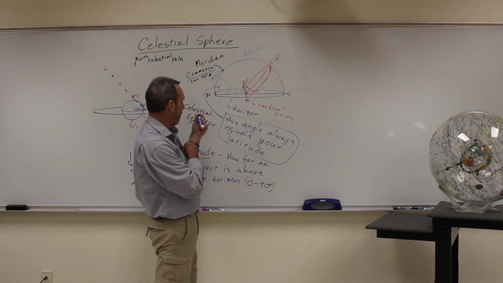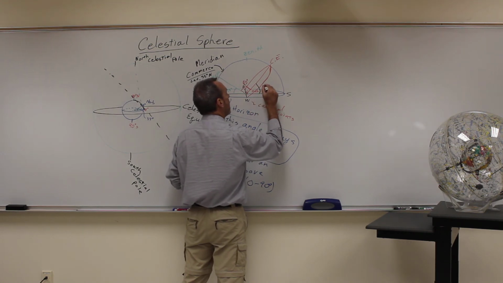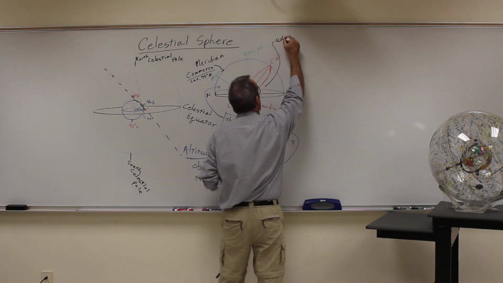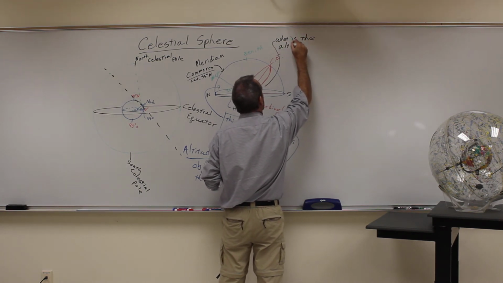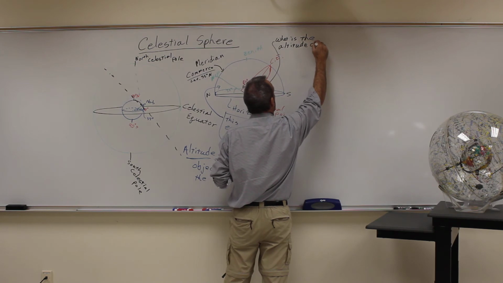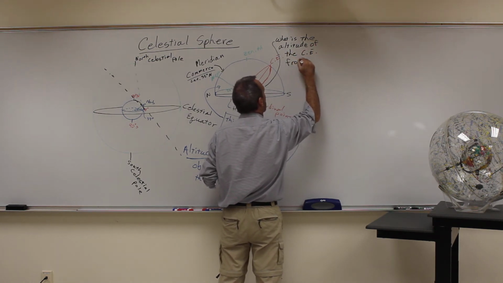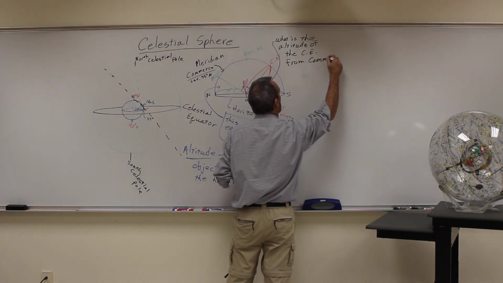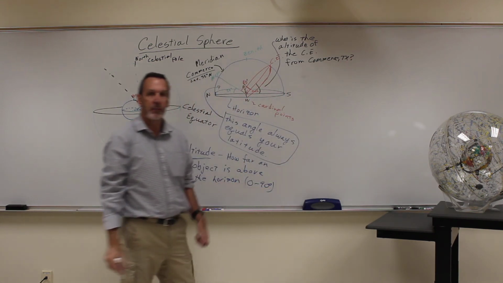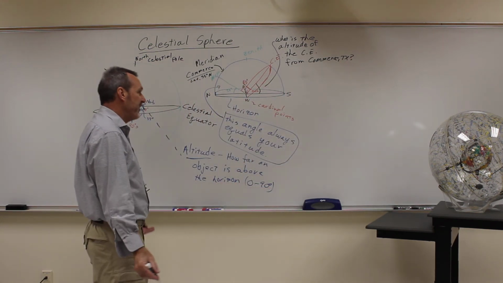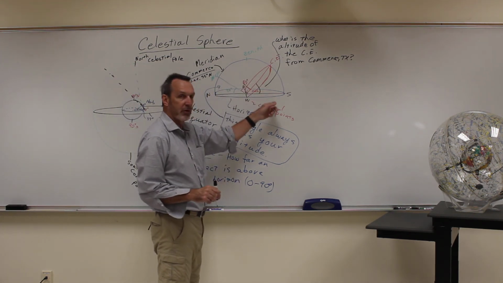What we want to figure out in here is this. What is the altitude of the celestial equator from Commerce, Texas? This is actually easy to figure out because this is half a circle.